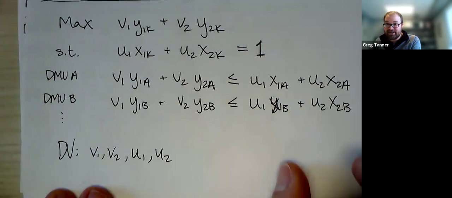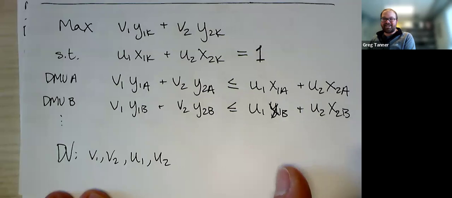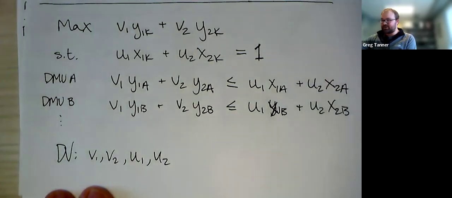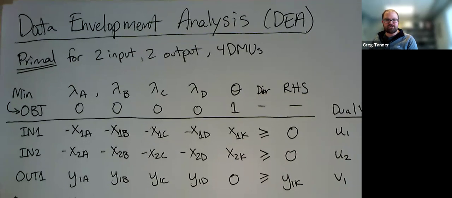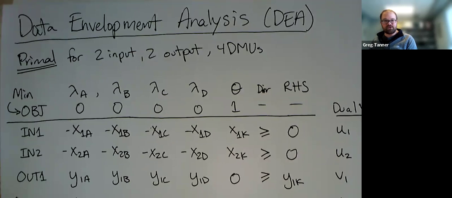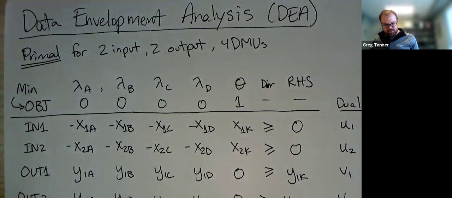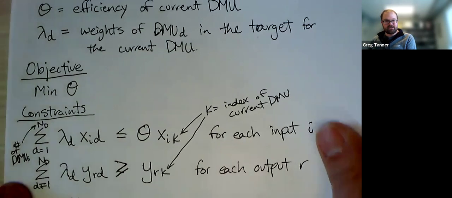Actually, let's go ahead and compare the primal and the dual to each other, and we'll see that they are dual pairs with each other. So for a 2 input, 2 output, and 4 DMU case, here's what we had written out in the last video.